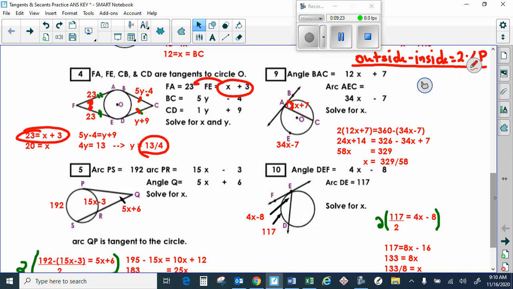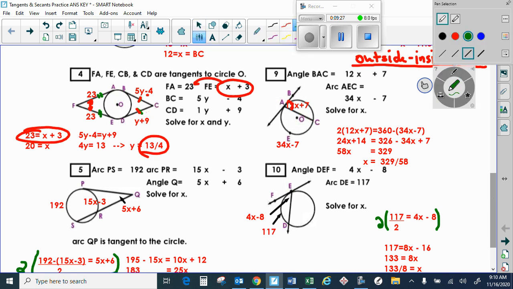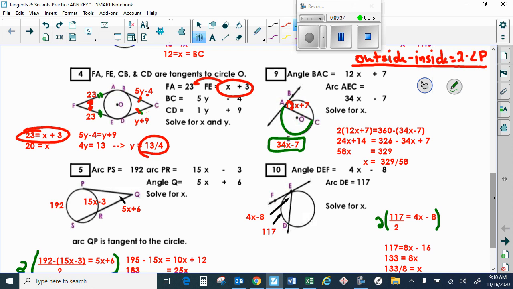Arc AEC, let's change the color here. Arc AEC is 34x minus 7, which you see right here. Solve for x. Okay. Well, we know that this arc is double the inscribed angle. So that's why you see double the inscribed angle there of 12x plus 7.